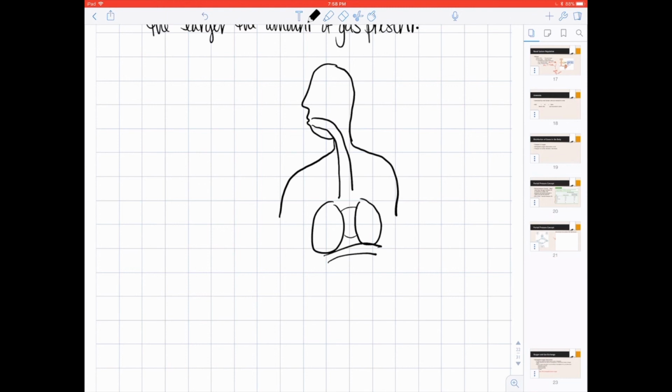So let's talk about what is present in our atmosphere, what we're breathing in terms of the partial pressure of oxygen and CO2. In the atmosphere alone, our PO2 is going to be around 160 millimeters of mercury, or mmHg. This is the only time I'm going to write millimeters of mercury, just to save space.